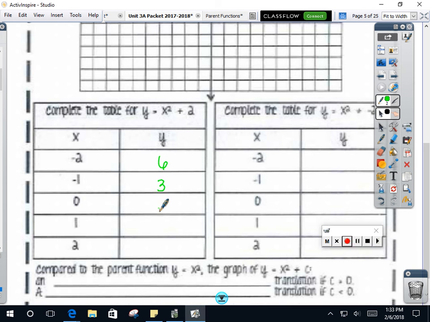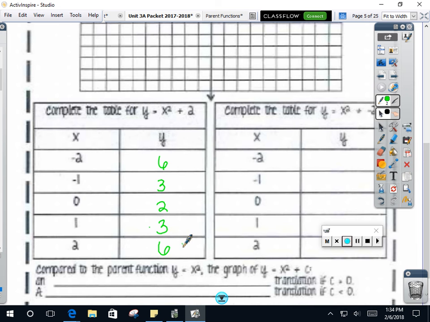What about a 0? 2, and then... Okay, look guys, if you plug in a 0 and you square it, yeah, you get 0, but then when you add 2 to that 0, you have 2. What about when you plug in a 1?